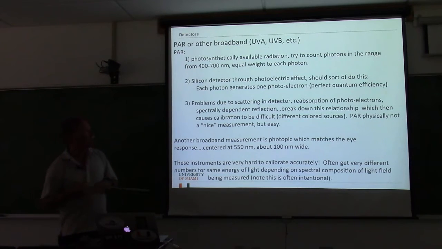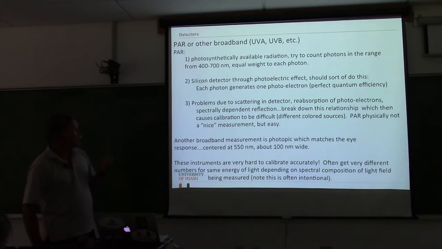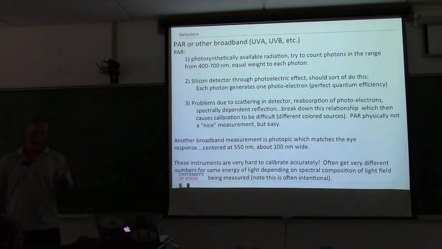Unfortunately, a silicon detector absorbs blue light that doesn't necessarily create the photoelectron. You can get a reabsorption of the photoelectrons. There are reflections from the surface of the detector. There are all these other issues that come in, so a silicon detector is not exactly a good quantum detector.